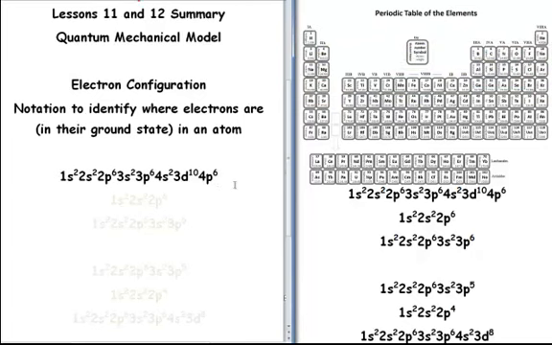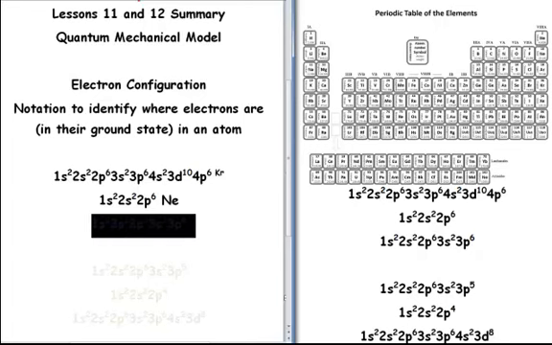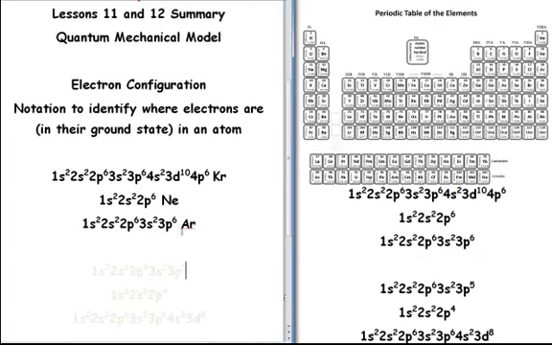Alright, so we said that was krypton. We can also look at the electron configuration notation for neon, which is right there, and then the electron configuration for argon, right there, and then there's a few more here.